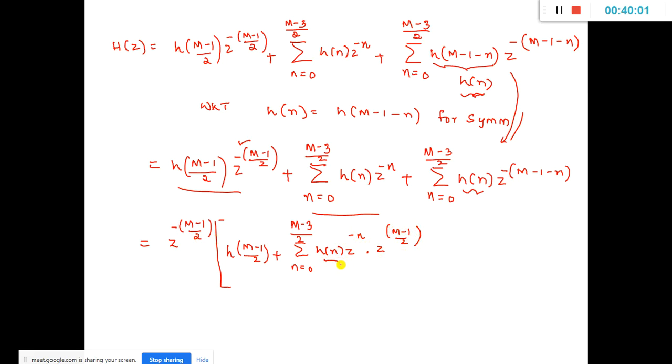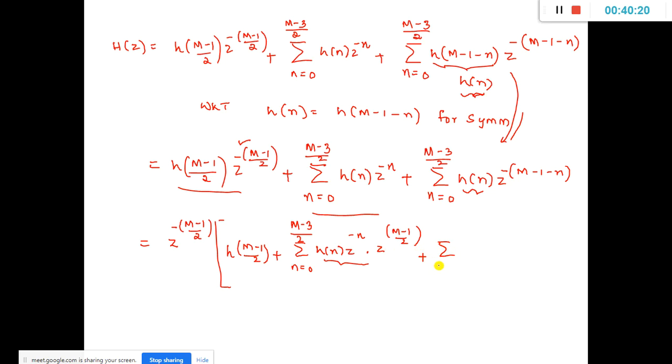When this term is multiplied with z raised to minus m minus 1 divided by 2, the indices are added, it is z raised to 0, which is nothing but 1, right?